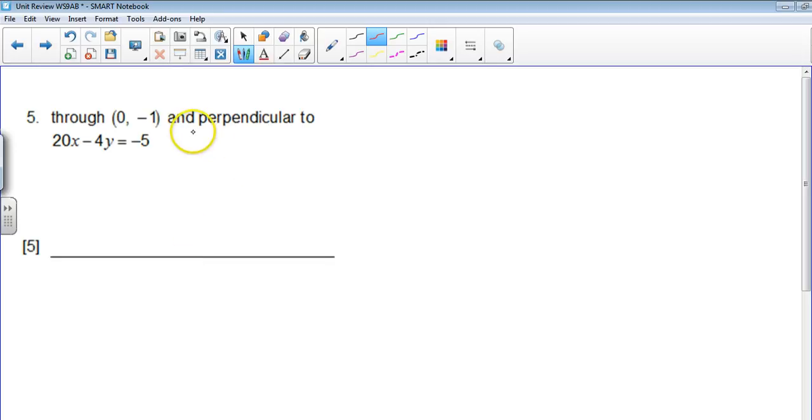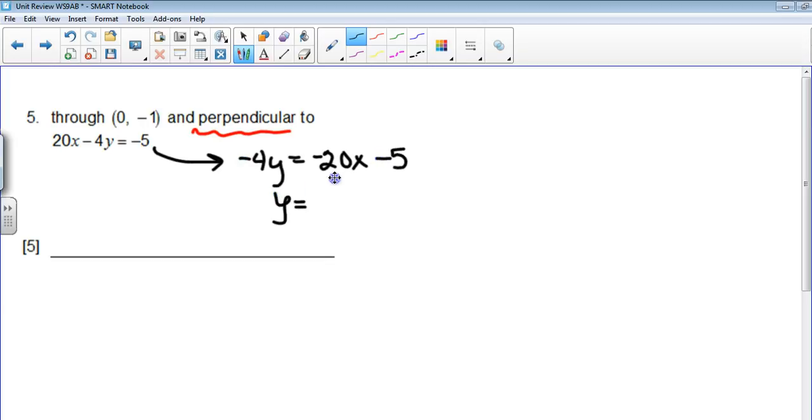Okay, perpendicular to, who can start me off? First, we need to find the slope of this line. I'm dividing everything by -4.